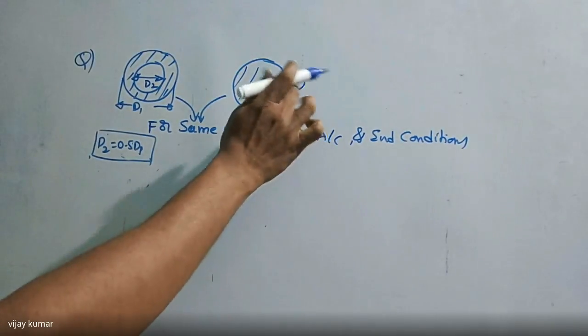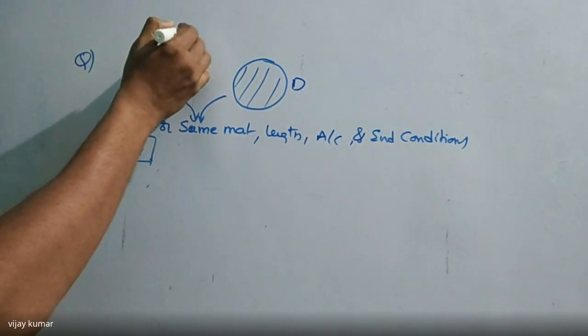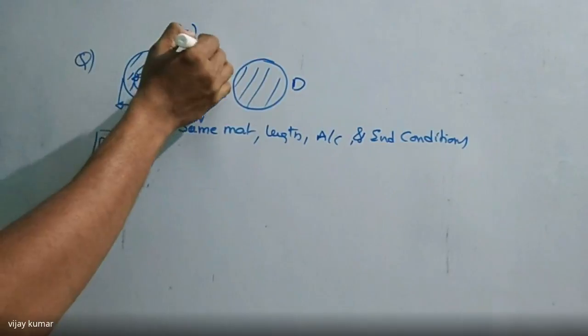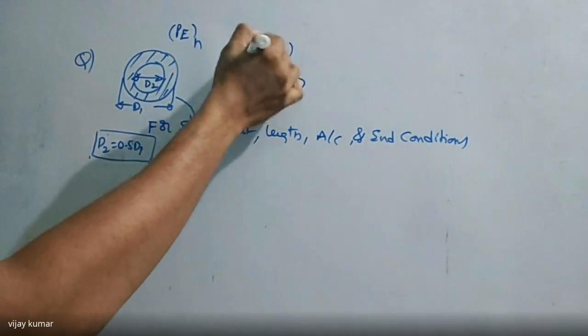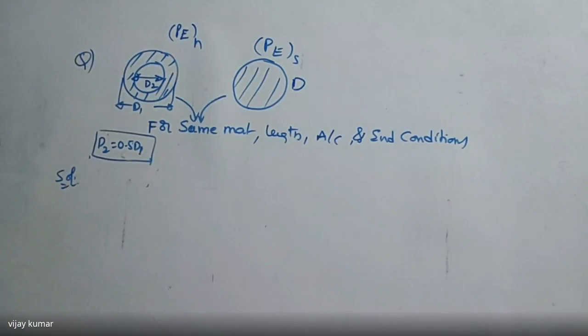This one is nothing but D. Okay. So he is asking what is the ratio between the Euler's loads. So here is Euler's load for hollow section and this is the Euler's load for solid section. So I'm going to calculate the Euler's load for hollow and Euler's load for solid section.